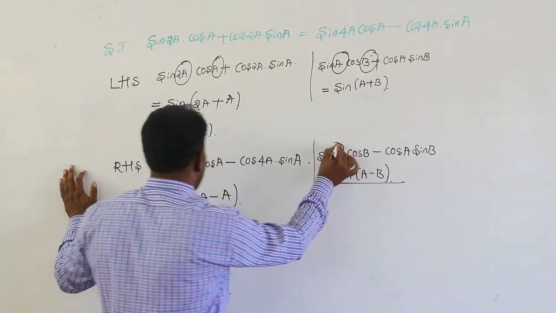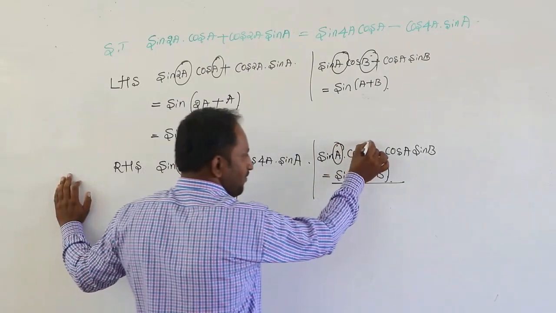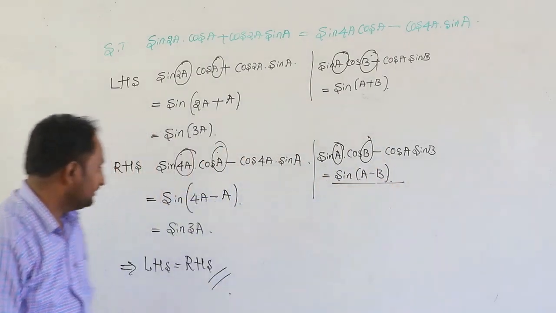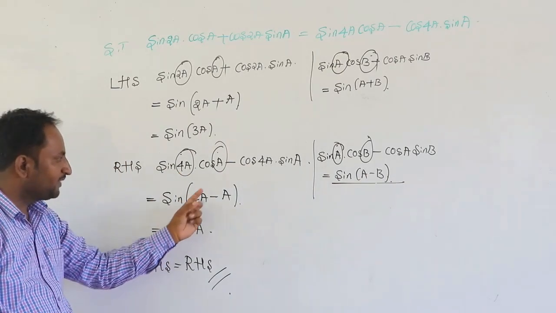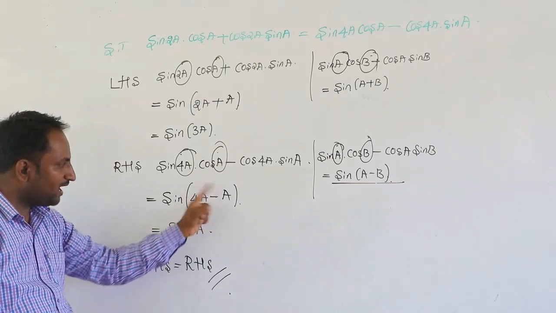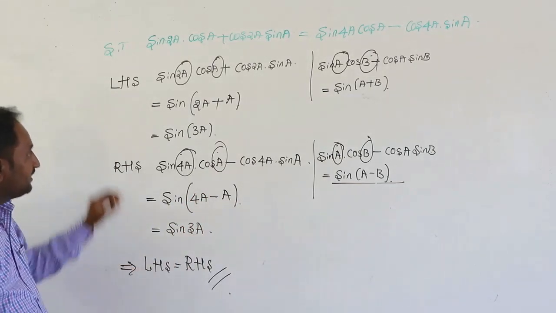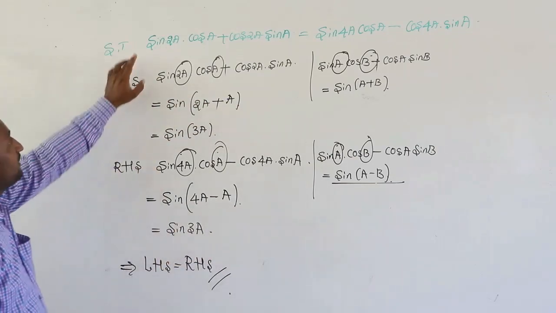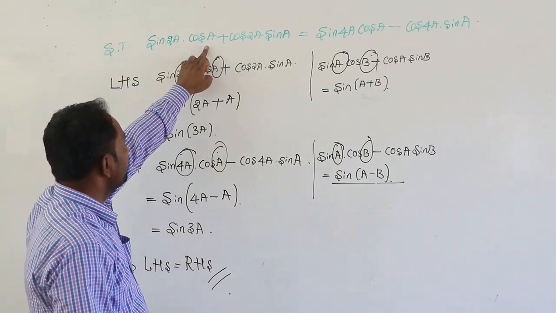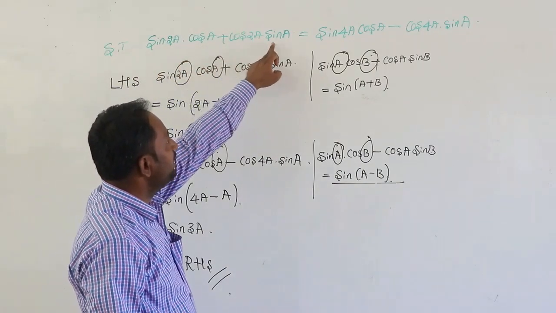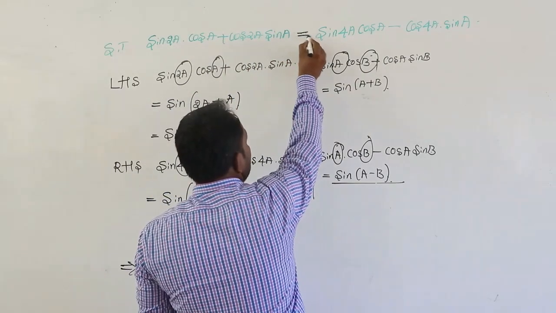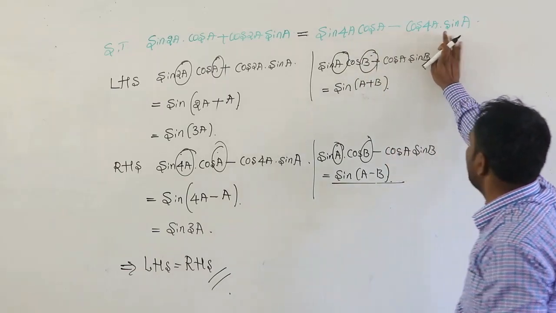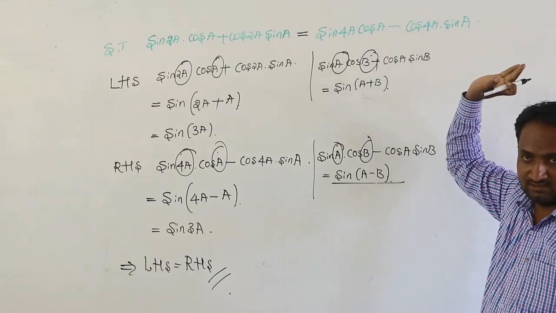In place of a, 4a is there. In place of b, a is there. Applying the sin of a minus b form, 4a minus a is 3a. That is, the LHS value is sin of 3a, and the RHS value is also sin of 3a. Therefore, sin of 2a into cos a plus cos of 2a into sin a must be equal to sin of 4a into cos a minus cos of 4a into sin a. It's clear.